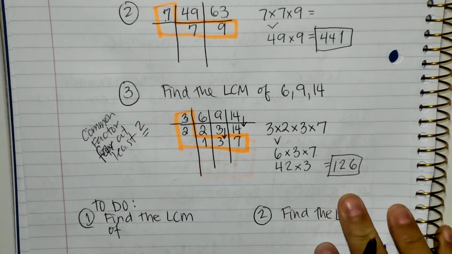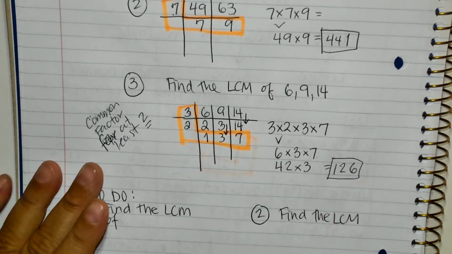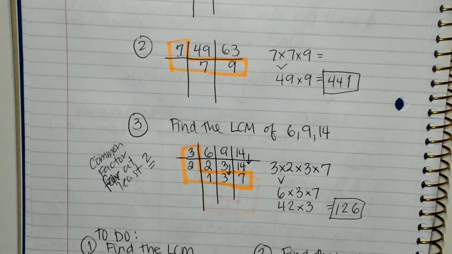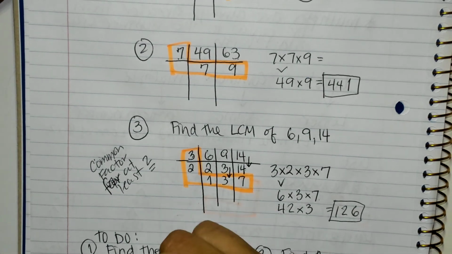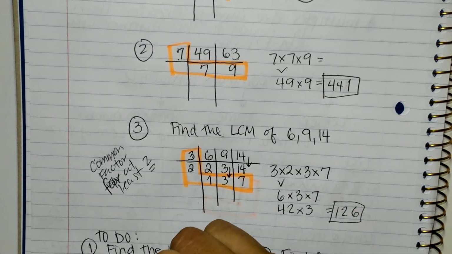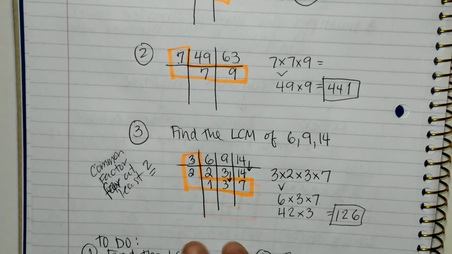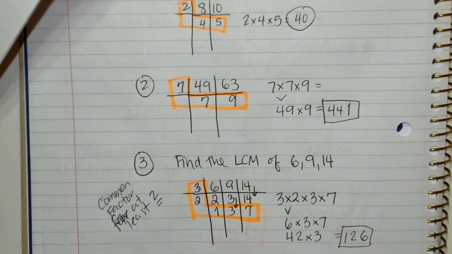The first one is going to be 18 and 45. We didn't do that yet, no? 18 and 45. Oops, sorry, you can't see it.